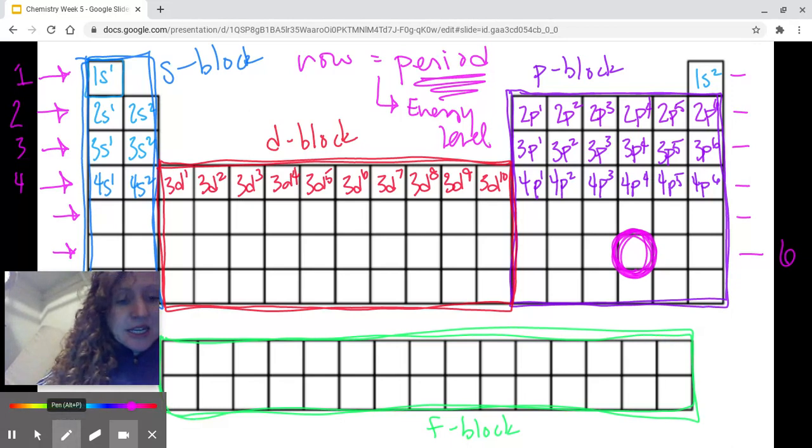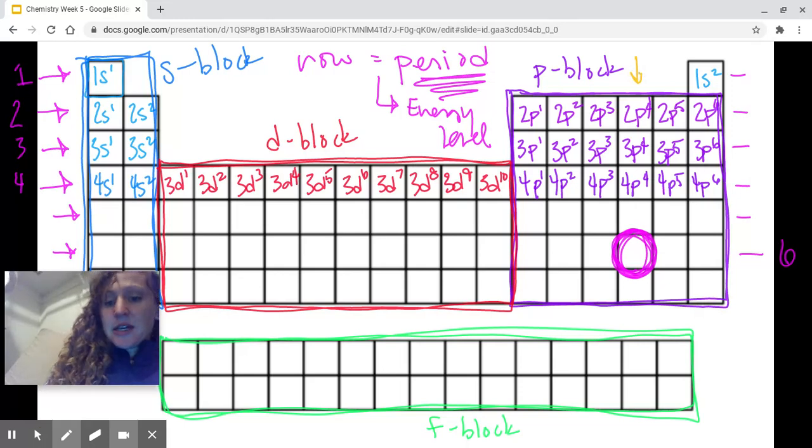Likewise, if you look at, let's go orange, if you look at the columns, columns on the periodic table also have a special name. They are called families or groups.